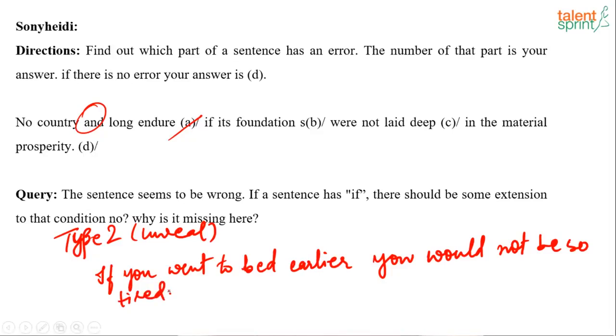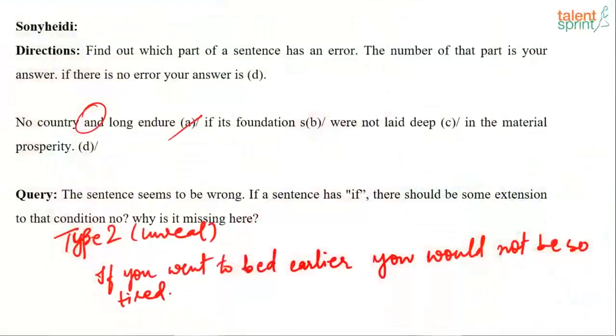Another example could be, if it rained, you would get wet. So it is talking about an imaginary situation that is unreal, something that is probably imagined. That is how we use type 2.